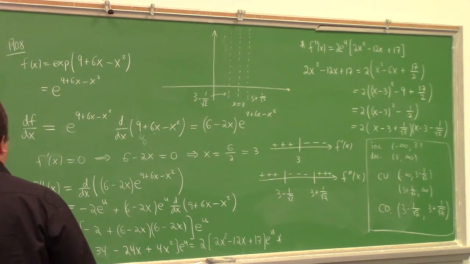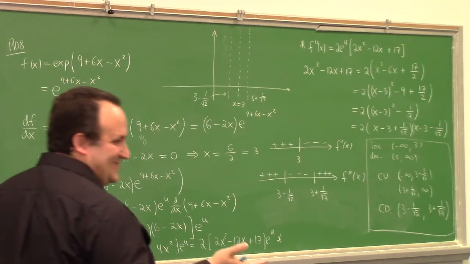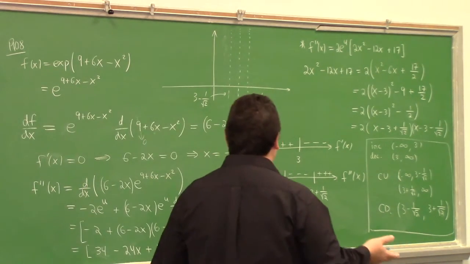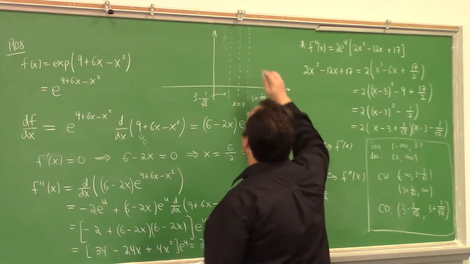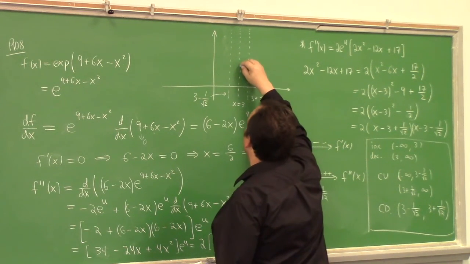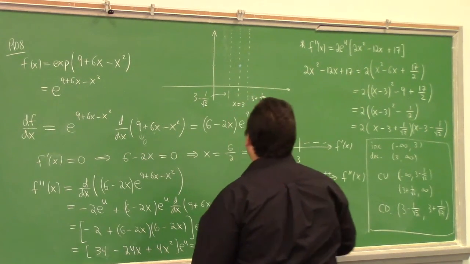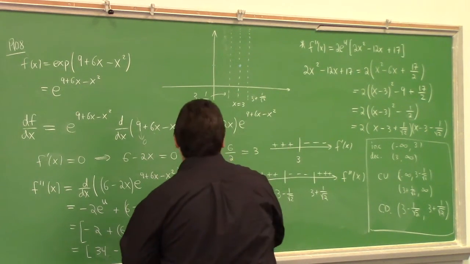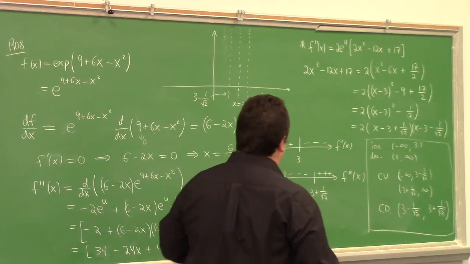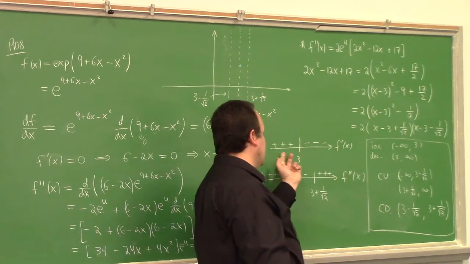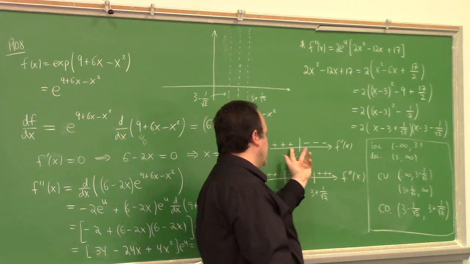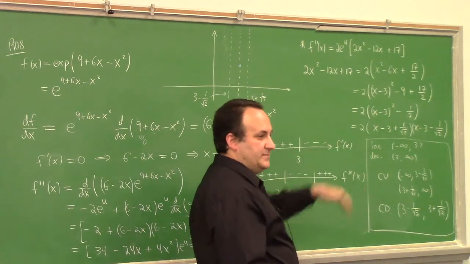So e to the 18, this is not going to be to scale, right? E to the 18 is pretty big, a stupidly large number. So I'll draw it here. But nevertheless, that is a local maximum, right?